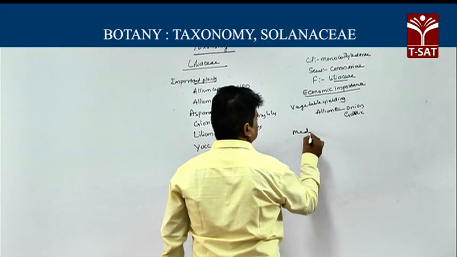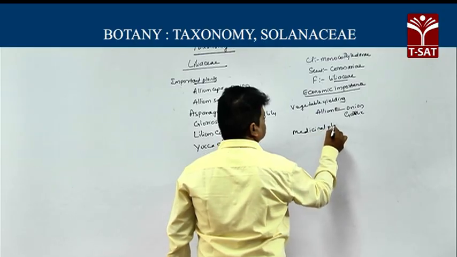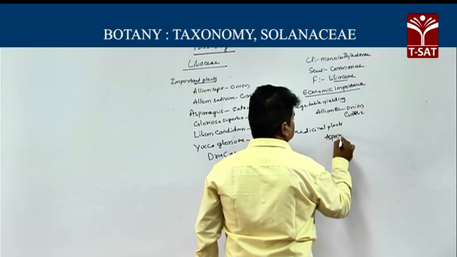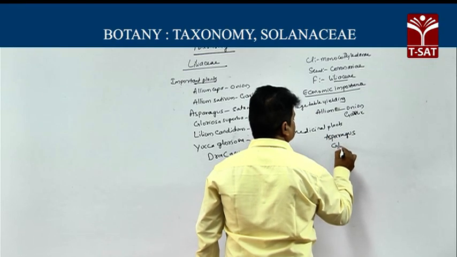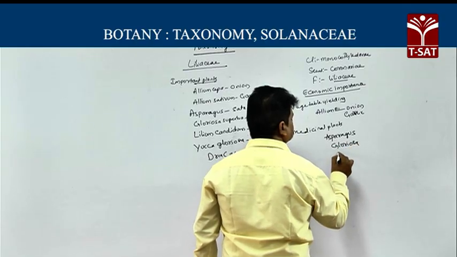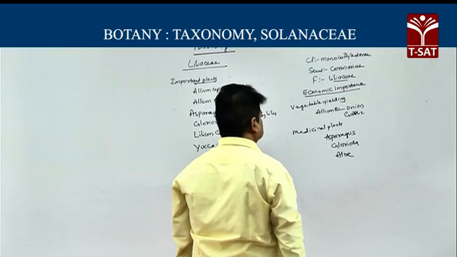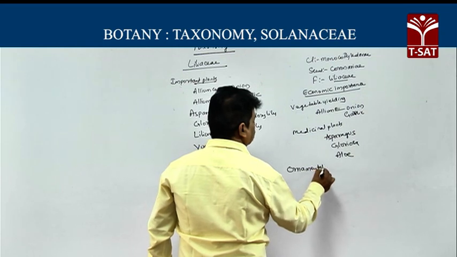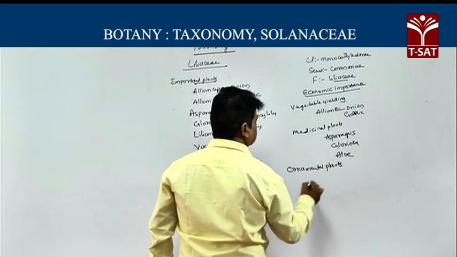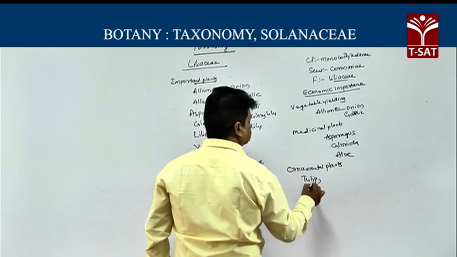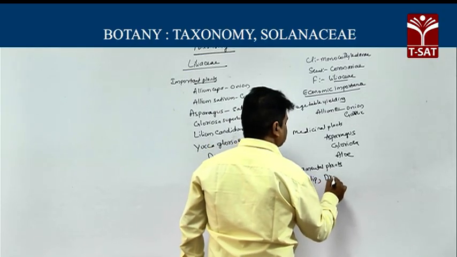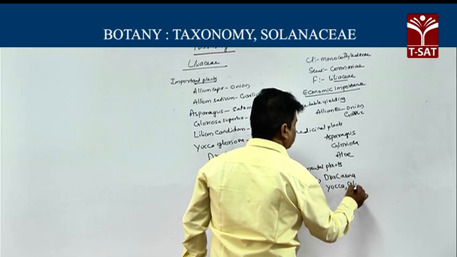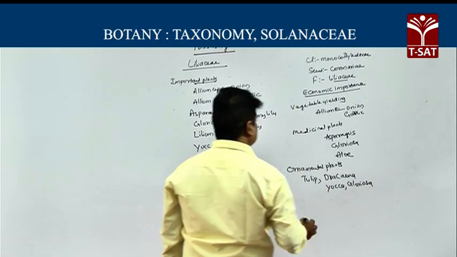Then medicinal plants: asparagus, gloriosa and aloe. Then ornamental plants: tulip, then Dracaena, yucca and gloriosa. Ornamental.